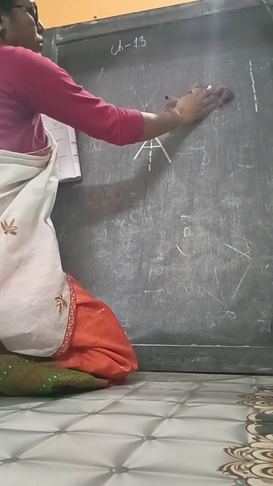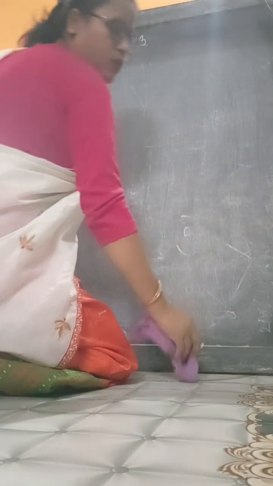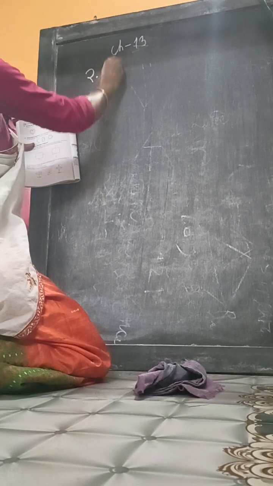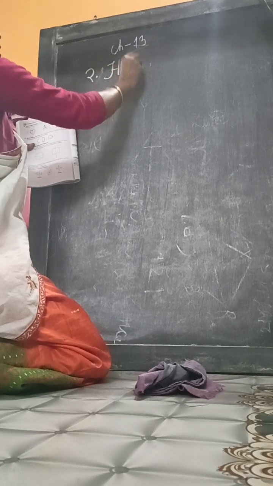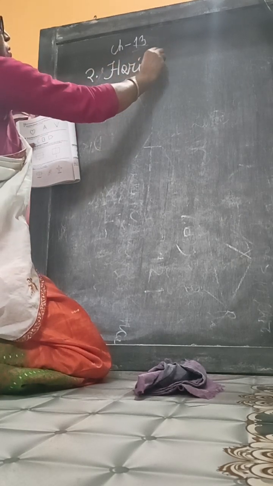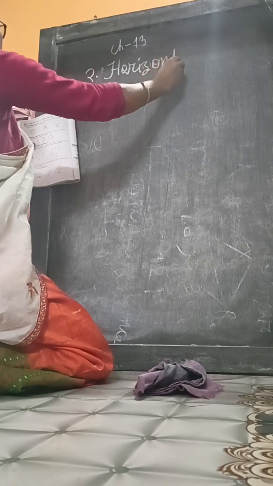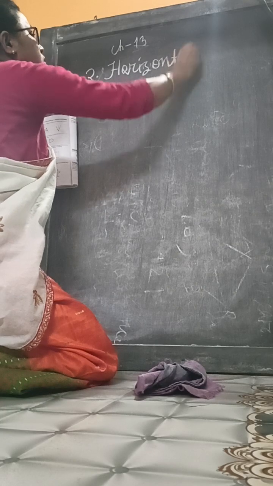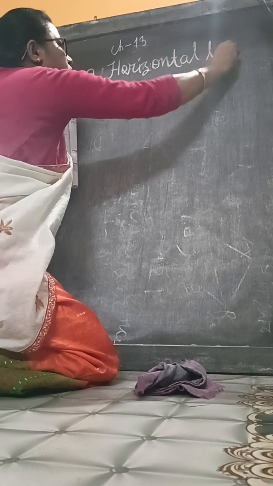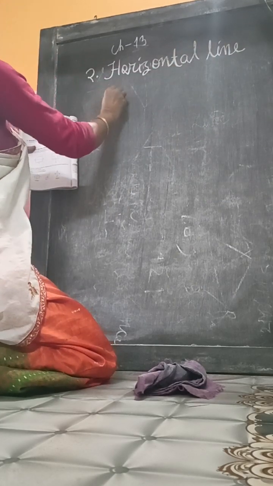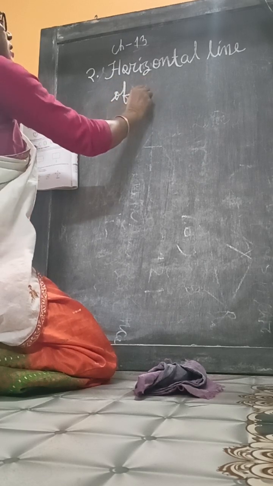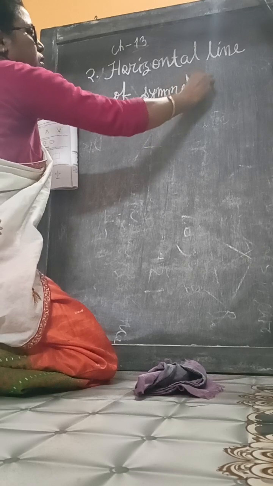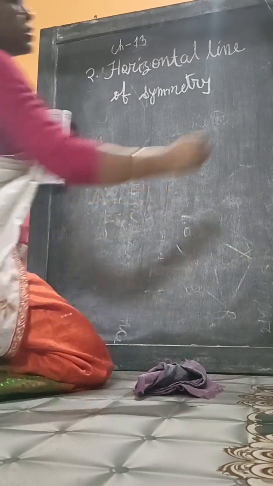And another we get is the horizontal line of symmetry. Number 2, horizontal. H-O-R-I-Z-O-N-T-A-L. Horizontal line of symmetry. S-Y-M-M-E-T-R-Y. Symmetry. This is a horizontal line.